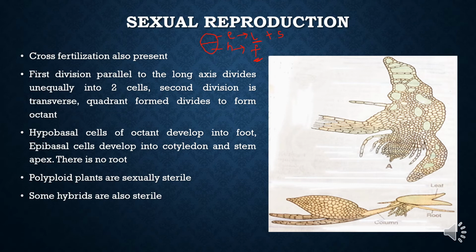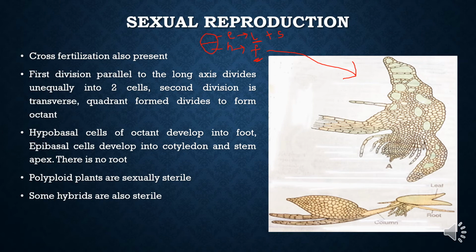So in this way the zygote develops into epibasal and hypobasal cells, and ultimately this type of structure is formed. Here we see how this entire developing embryo looks.